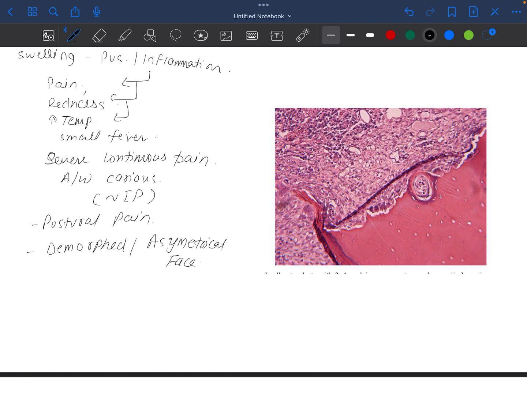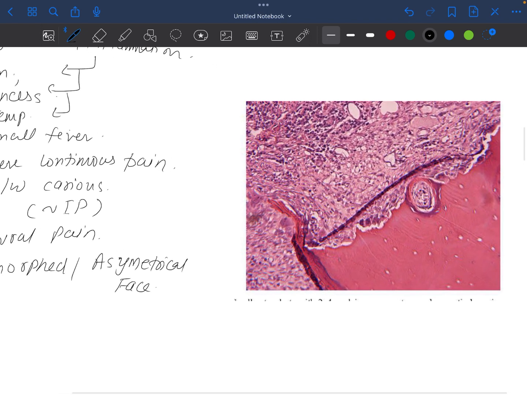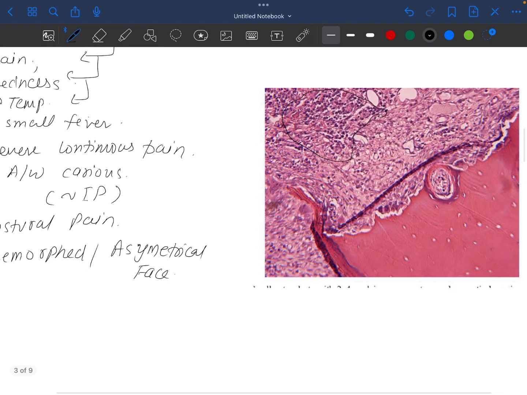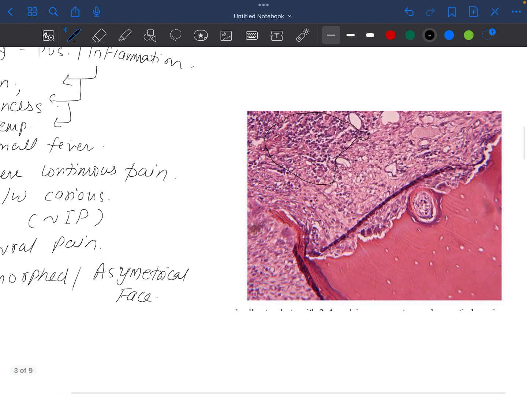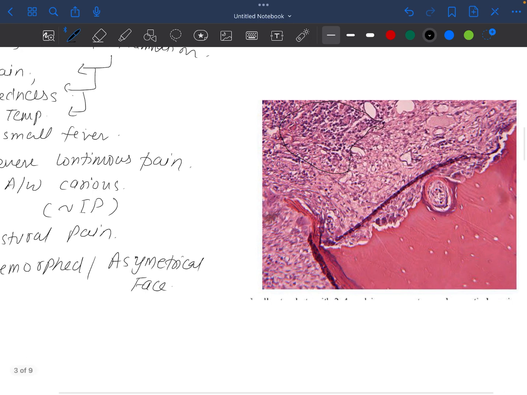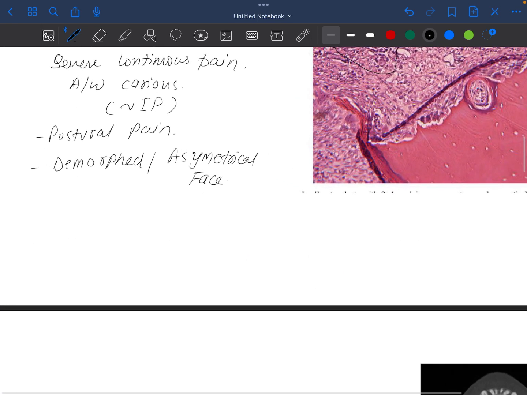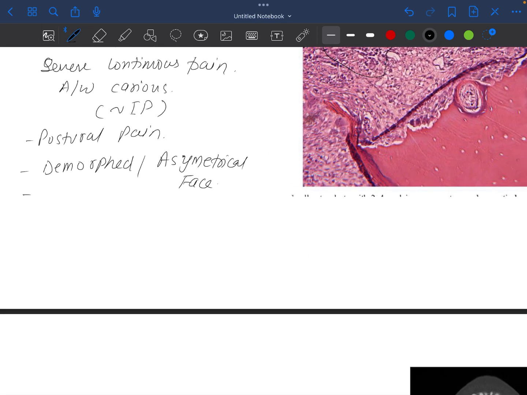Correct. The same thing you will find in your histology. You will find your normal bone along with a very serious amount of neutrophil infiltrate. And because there is bone necrosis, you will find a lot of dead bone, right? So in acute suppurative osteomyelitis, males are mostly affected more than females.